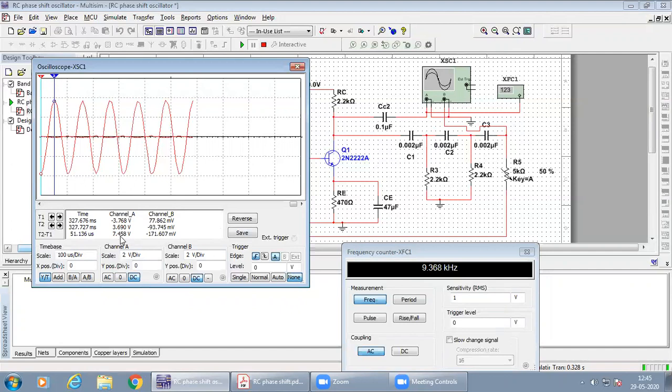It is 3.69 on the positive side and minus 3.79 on the negative side. Just add both the values; that will be the peak to peak value of the signal. That's roughly 7.5 volt. 7.5 volt is the output amplitude and the frequency is 9.368 kilohertz.